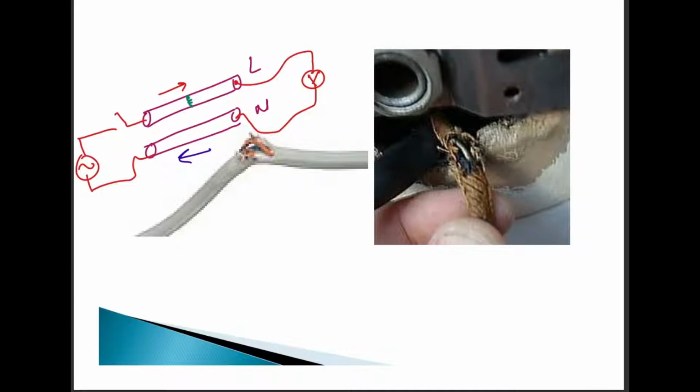If somebody accidentally touches this piece of broken insulation, and the exposed wire is the live wire, that will give an electric shock to the person operating that machine. So this is a hazardous condition. We need to avoid this, and if you see that a wire looks like this, immediately replace it.